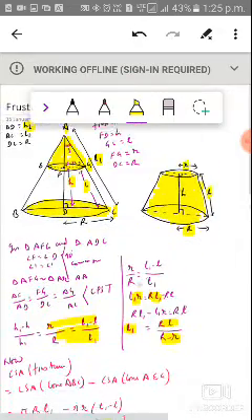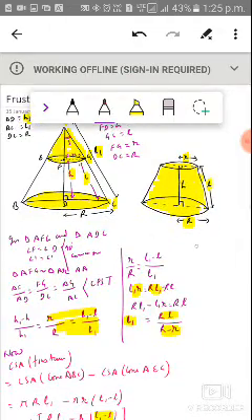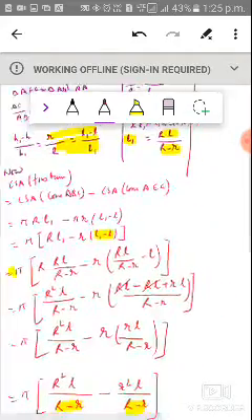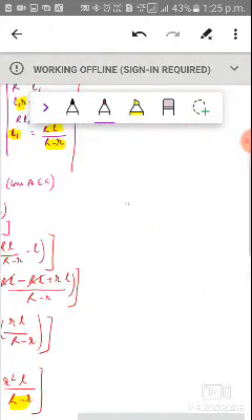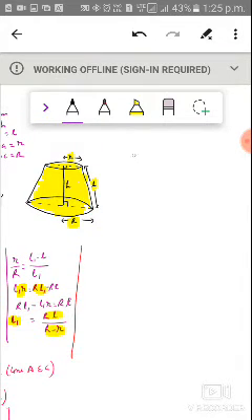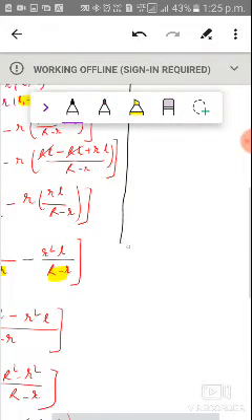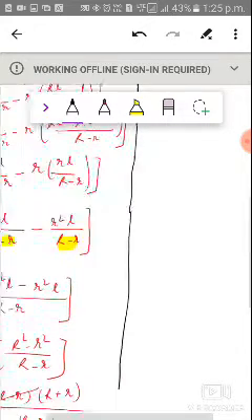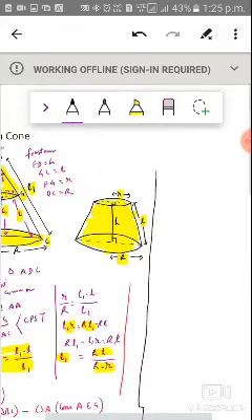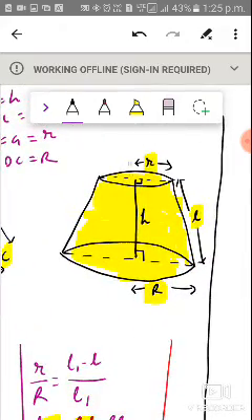Now if we want to write the TSA of a frustum, how are we going to write it? Let me show you. The TSA of a frustum will be the CSA of the frustum plus the area of the two circular bases.